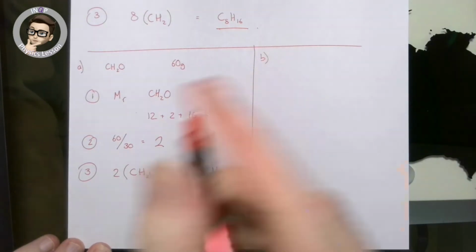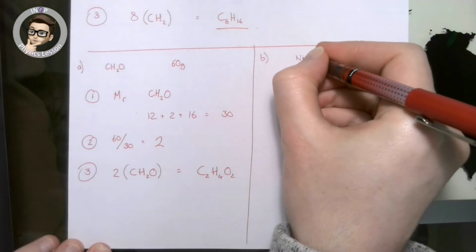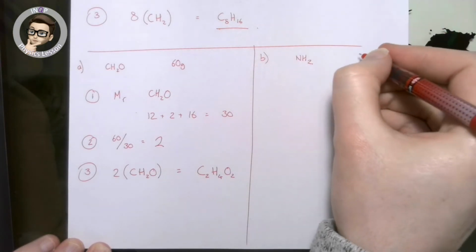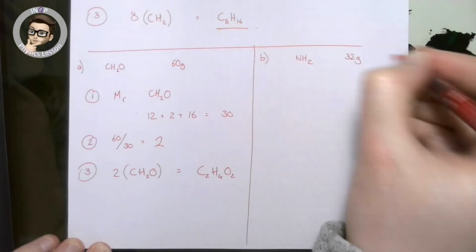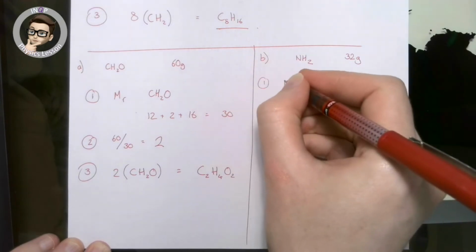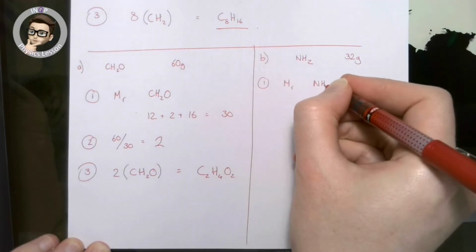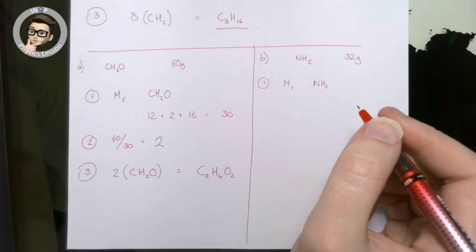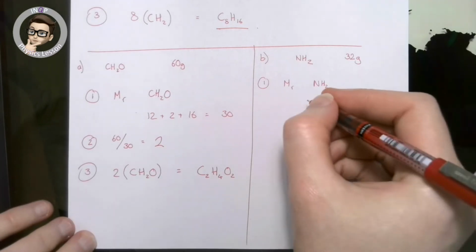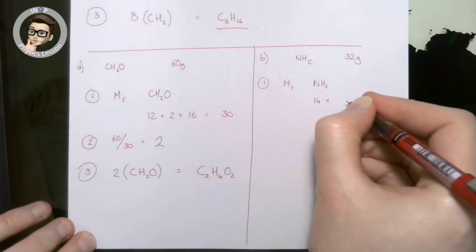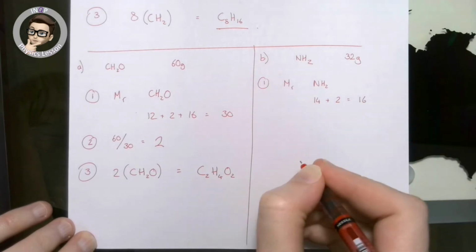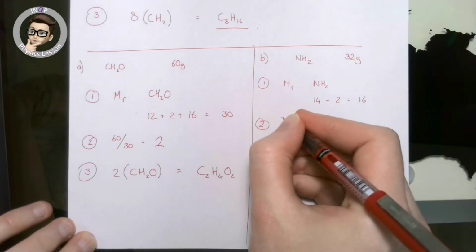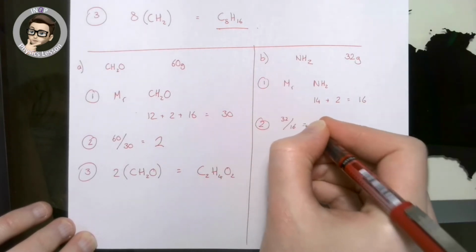So part B this time, we had NH2, and we knew we had 32 grams of it. So step 1, we want the Mr of NH2. N, we know, is a value of 14. So we've got 14 plus 2, which is going to be 16. So step 2 is going to be 32 divided by 16, which is 2.